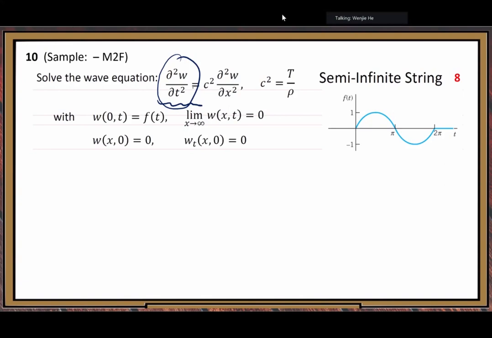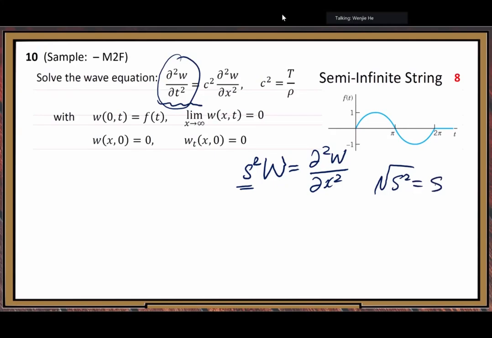The reason is we will have s squared W equals the partial in x squared. Remember, we need to take the square root. Then the square root of s squared is a good number, right? So then we can do the inverse Laplace.